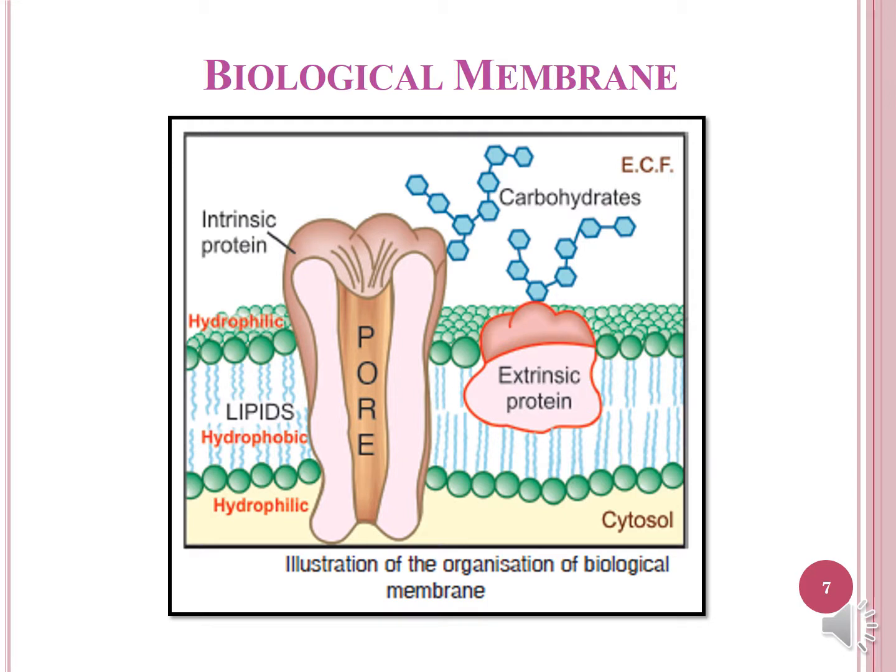As I told in the beginning, before we go into the ADME process, it is important to learn about the biological membrane, what it is made up of, and how things move across the plasma membrane.